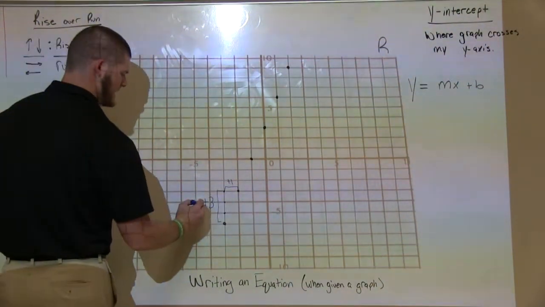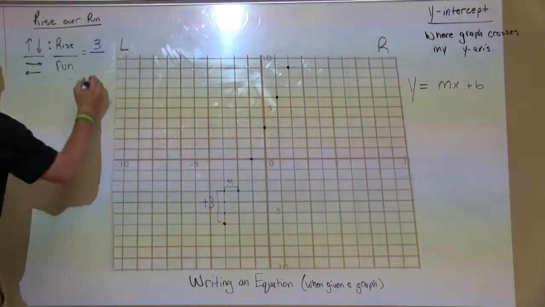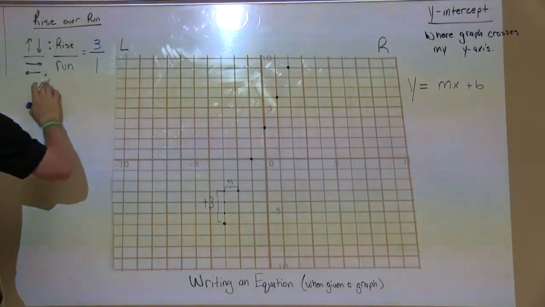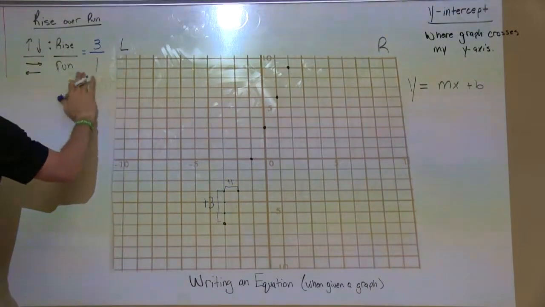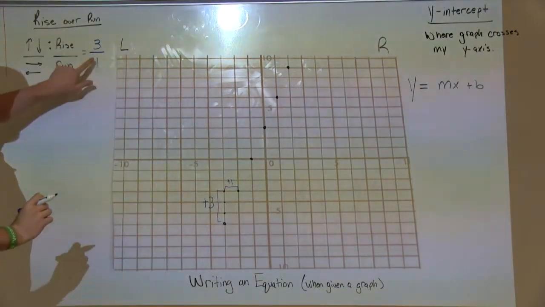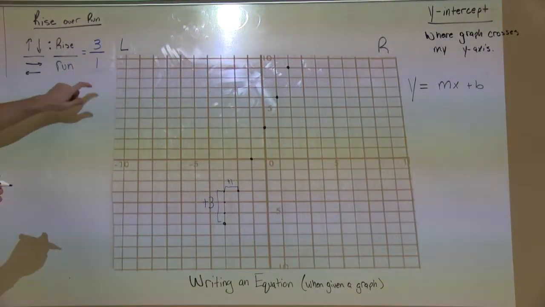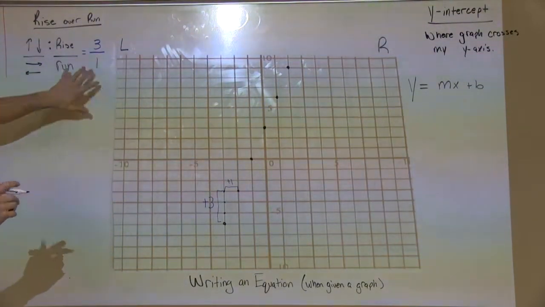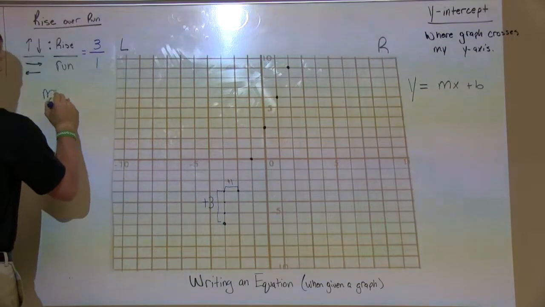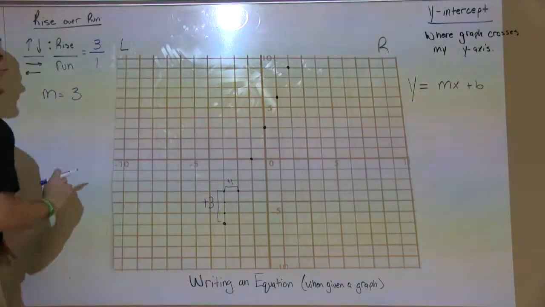So this is my rise, this is my run. I would put my run value below. So now we have the fraction 3 over 1, which we know that any number over 1 is that number. So this tells me that my slope for this equation is 3.